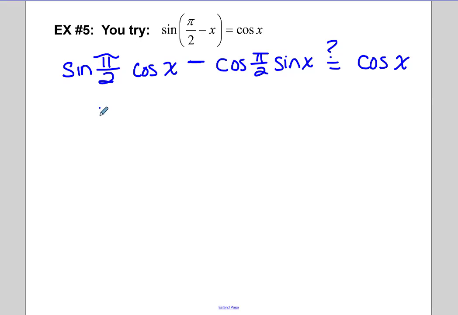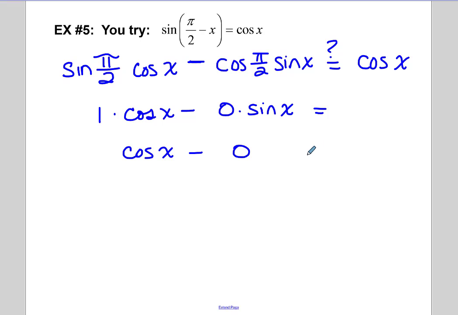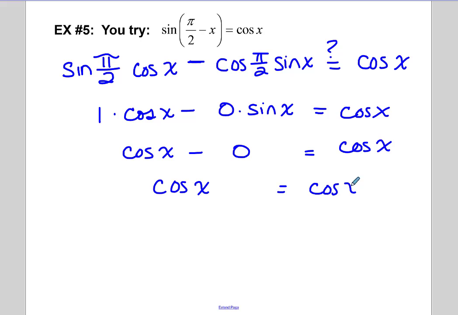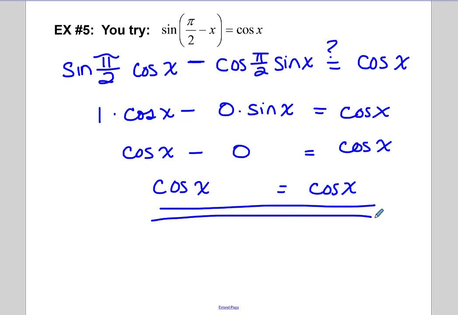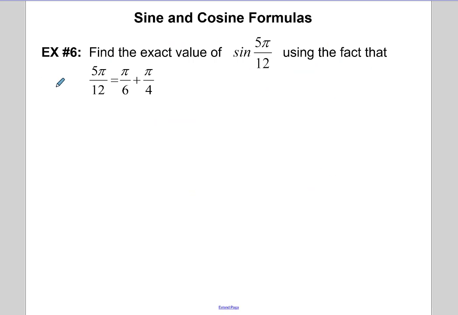So sine of pi over 2 is 1 times cosine, and cosine of pi over 2 is 0. So 1 times cosine is cosine, and cosine minus 0 is definitely equal to cosine. So again, we've demonstrated what we were asked to show, that the left side, using the difference formula for sine, is equivalent to cosine.